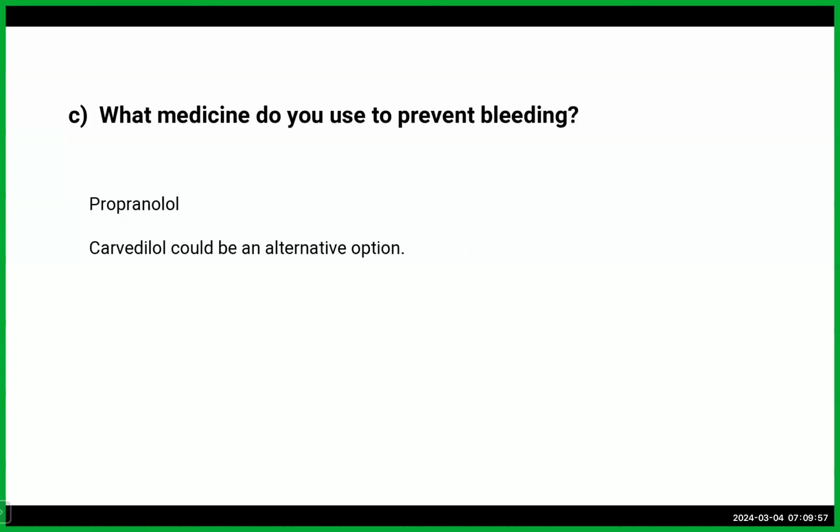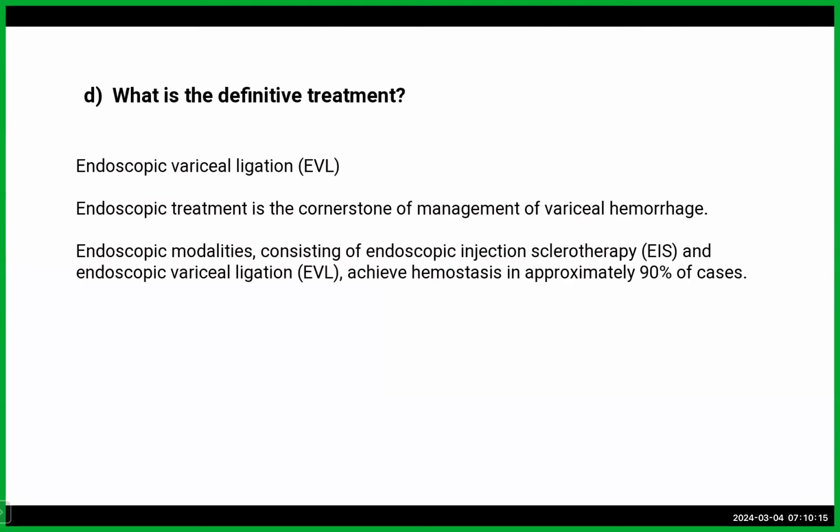What medicine do you use to prevent bleeding? Propranolol is the first choice. Carvedilol could also be an alternative option. That is a non-selective beta blocker. What is the definitive treatment? Definitive treatment for esophageal varices is endoscopic variceal ligation.